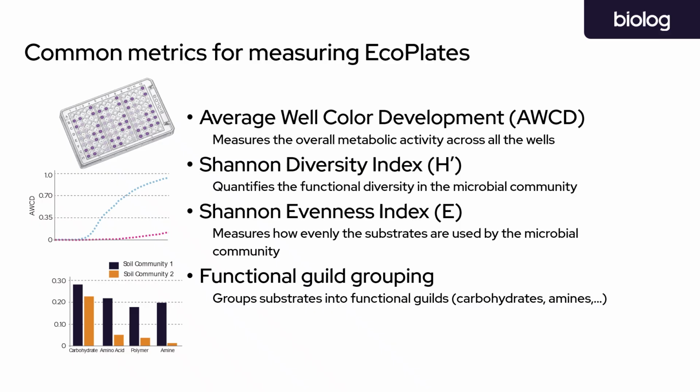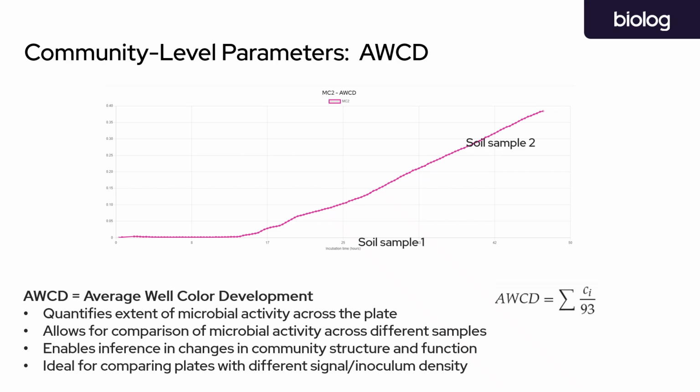And functional guild grouping just allows for higher level comparisons of different substrate utilization across the conditions, right? So together, these metrics provide a quantitative description of the community metabolic structure. And so, like we said, AWCD is often used as a measure of overall metabolic activity, and it provides a nice way to compare communities.